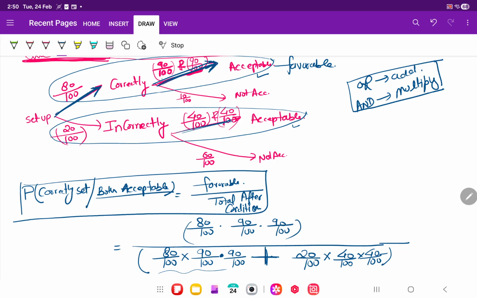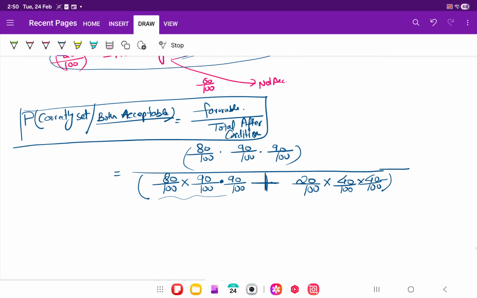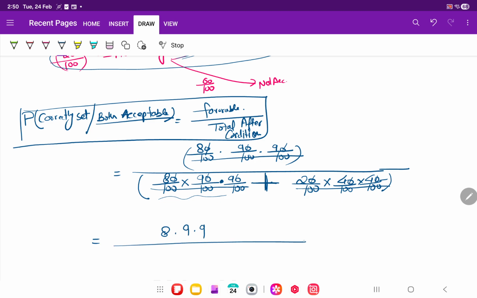This is clearly Bayes theorem we are applying. So how much will you get? 100, 100, 100, everywhere is the same, cut. Now see, 1, 2, 3 zeros are common and cut. So it is 8 into 9 into 9, over 8 into 9 into 9 plus 2 into 4 into 4.